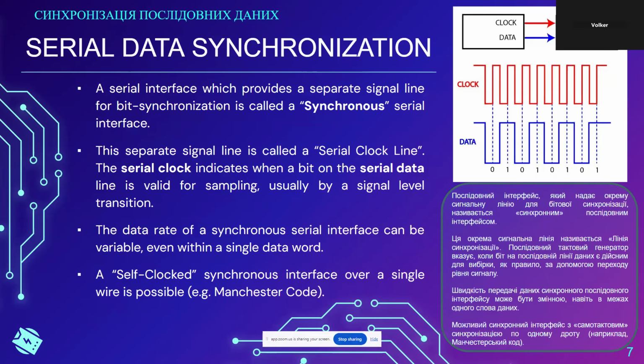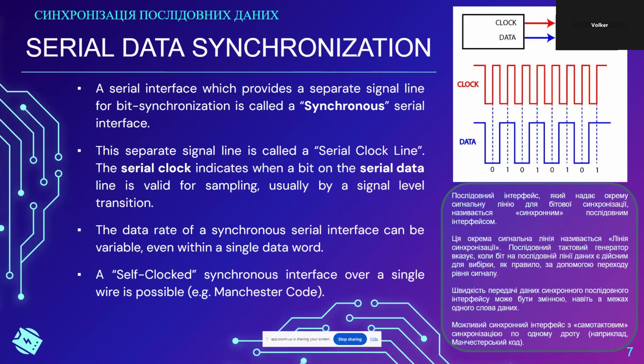I'm continuing with this topic. A serial interface which provides a separate signal line for bit synchronization is called a synchronous serial interface. There are somewhat more complicated explanations, but for the interfaces for the microcontrollers that this presentation is about, basically that is the definition. We're calling it a synchronous serial interface if there's a separate line for bit synchronization.